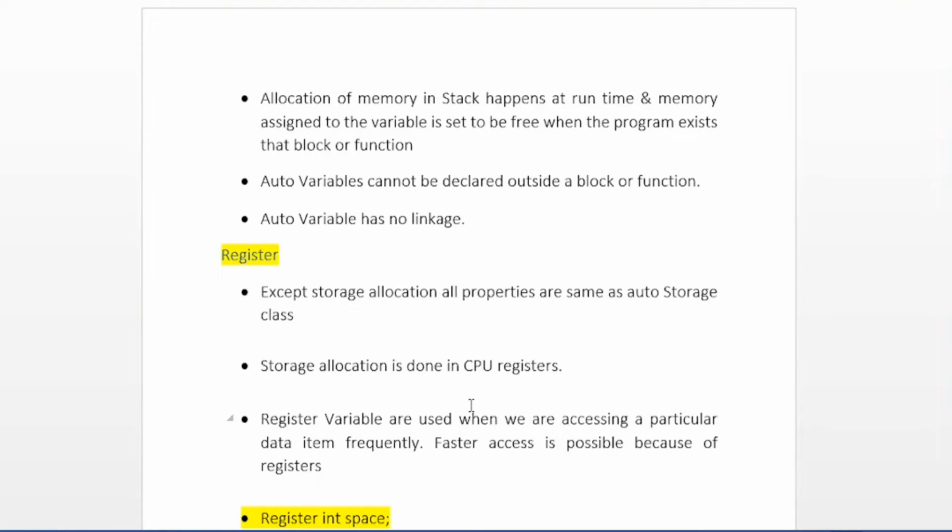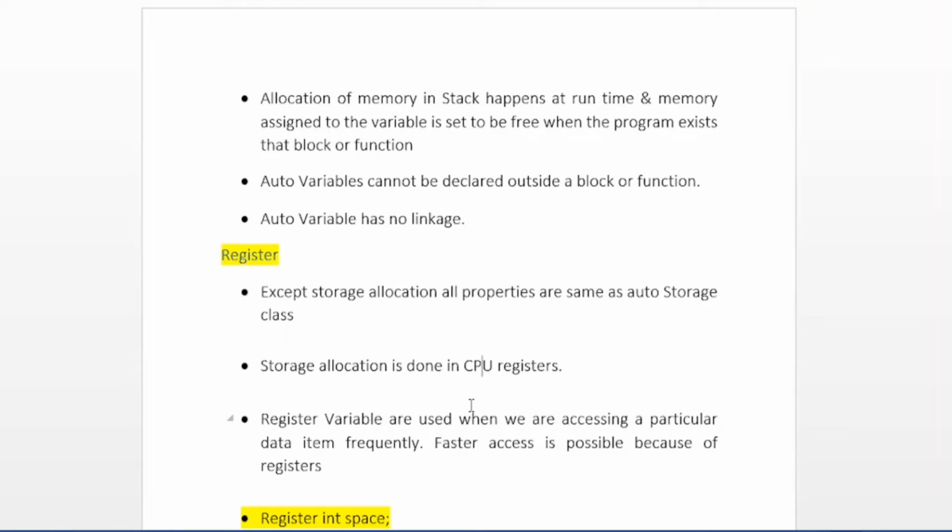Now, when we look at the access time, memory and registers differ: registers have faster access time. We can access the information stored in registers in very less time as compared to the access time we need to access memory. Stack is in memory.